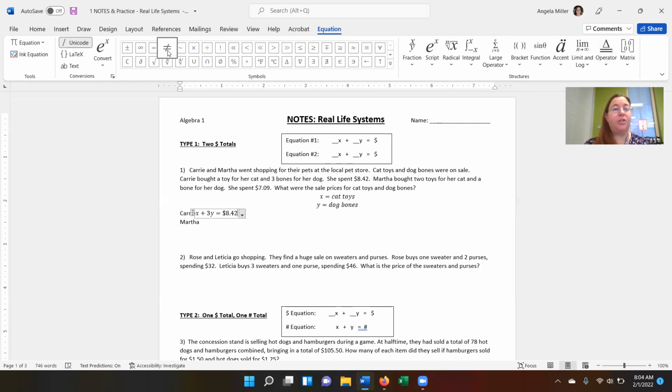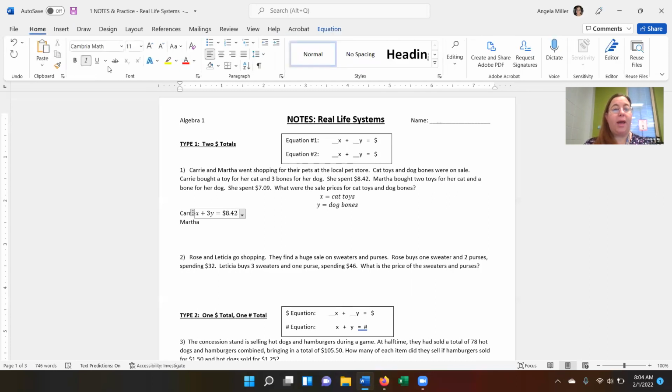See how that reads the same way that it read in the problem? If we were to read just the equation part, it would read: Carrie bought 1 cat toy, because cat toys are X, and 3 dog bones, because dog bones are Y, and she spent $8.42. That's not so bad, right?